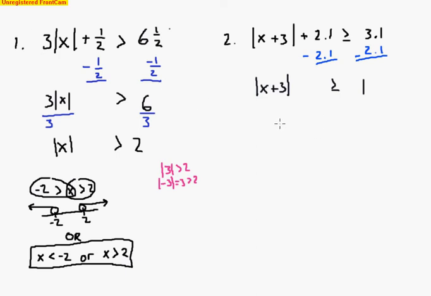We can set up x plus 3 can be greater than or equal to 1, but it could also be less than or equal to -1, because this will end up being an OR statement. So it's always going to be, the answers for x are going to be bigger than the one endpoint, but smaller than the other endpoint. So from this stage, we have to now move that 3 over. Once we've eliminated the absolute value bars and set it greater than the positive and less than the negative.